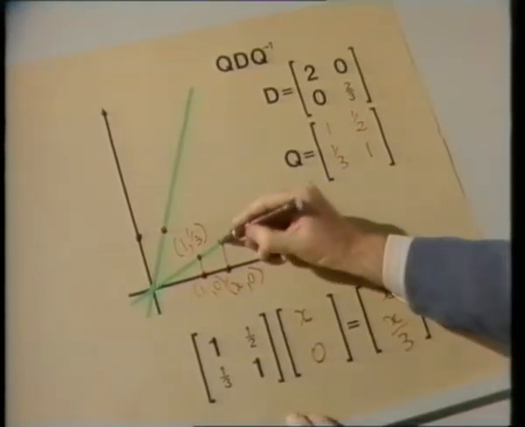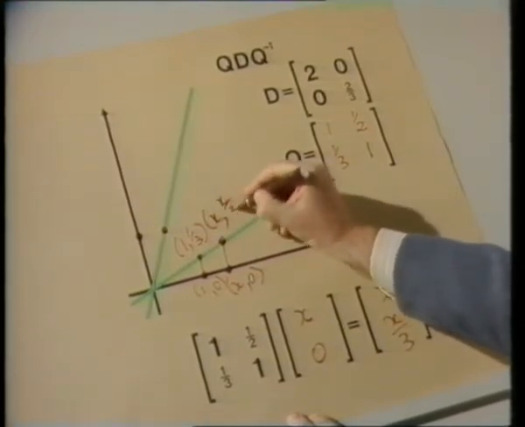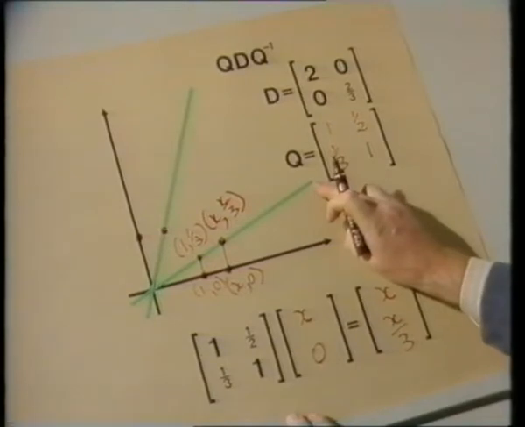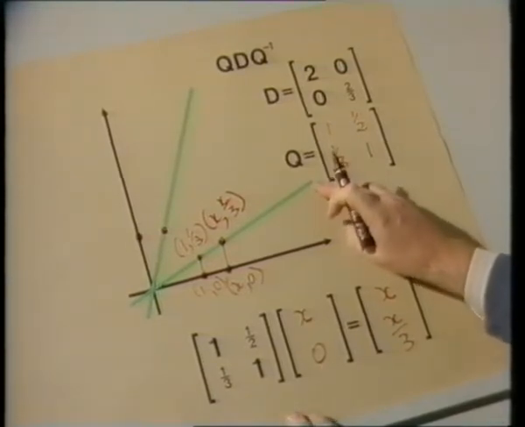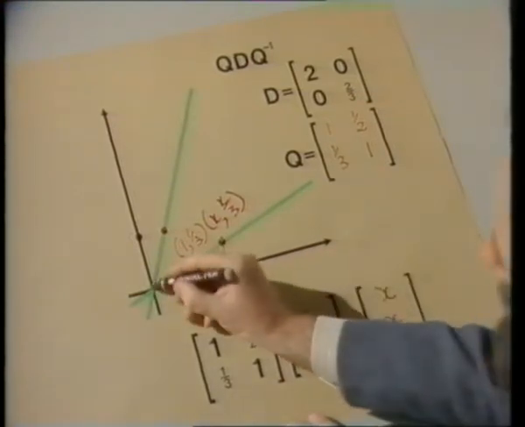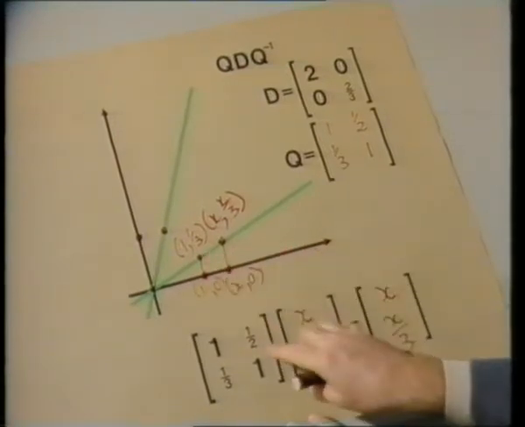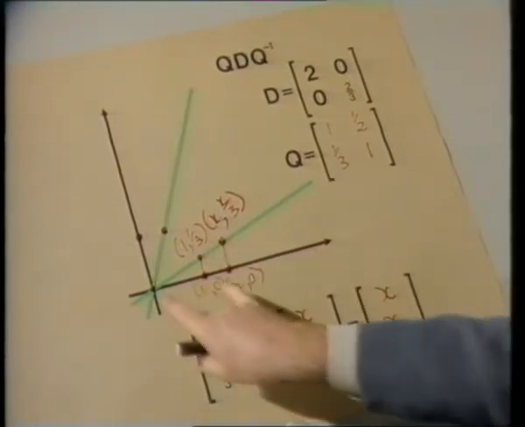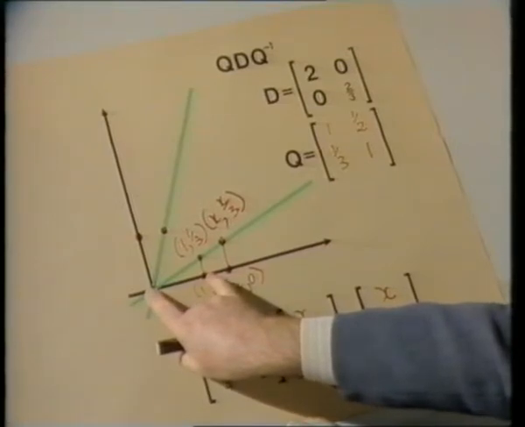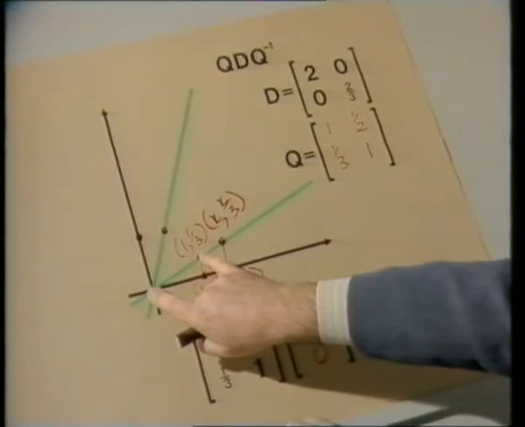So we have this point up here, (x, x/3), which sure enough is on that eigenline. But in fact, we knew that anyway, because the origin gets transformed to itself. This point gets transformed to that, and since lines go to lines, the line connecting these 2 points is transformed into the line connecting those 2 points.